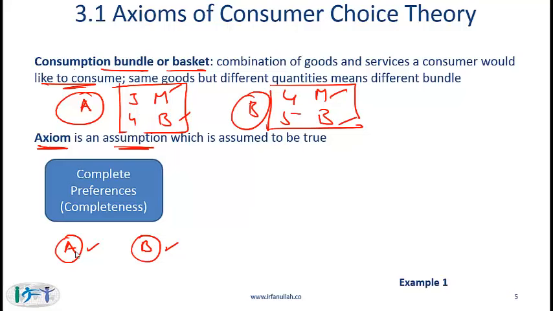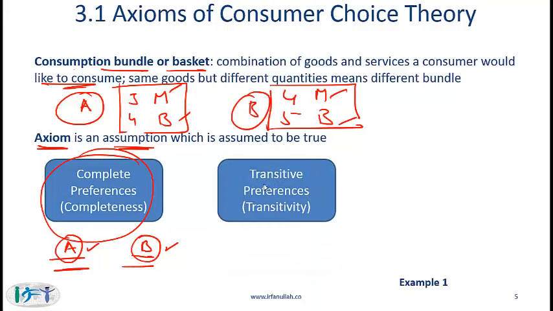So saying that he likes A and B equally is also okay. What is not okay is if a consumer says that in the morning I prefer A, in the afternoon I prefer B, if it is a sunny day then I prefer this, if it is a rainy day then I prefer that. If we get into that sort of a discussion, then this particular axiom is violated.